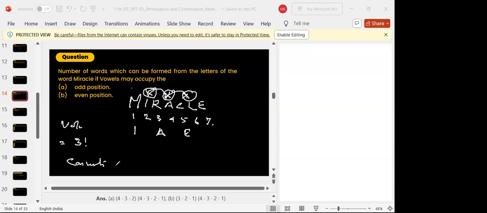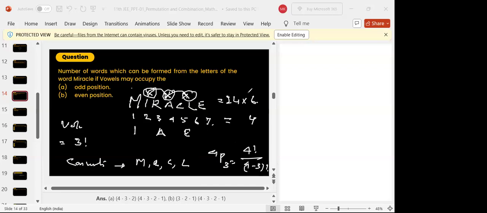We have consonants M, R, C, L in 4P3 ways. That is 4 factorial by 4 minus 3 factorial, which is equal to 24 into 6, that means 144 ways. You can arrange it in 144 ways.